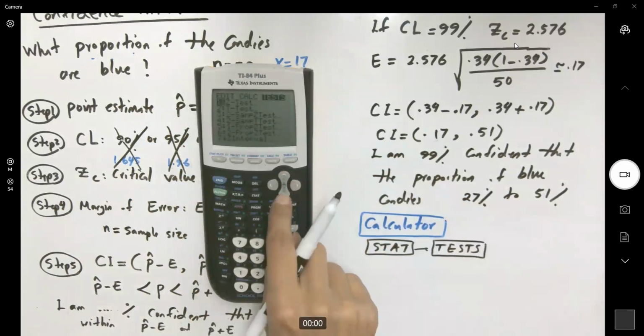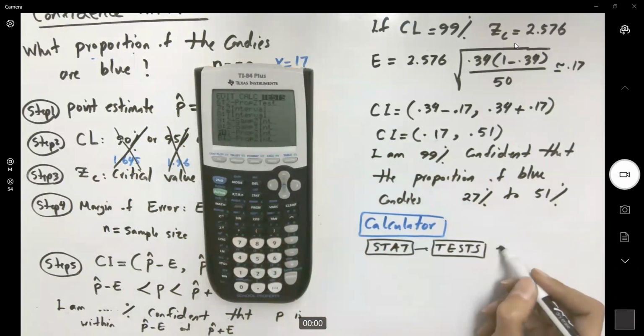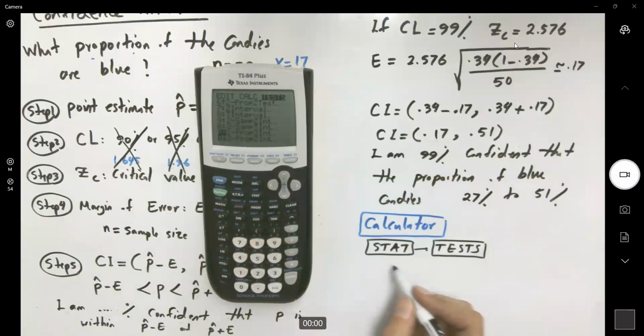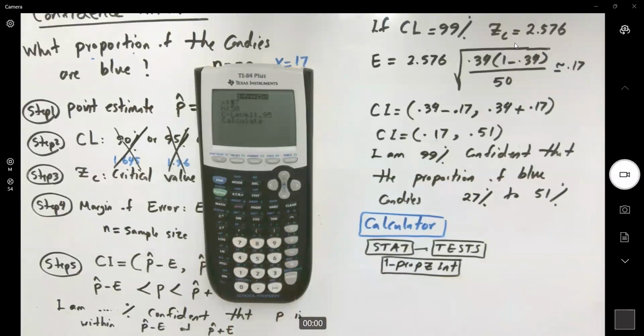Well, now we need to find one proportion Z interval. One proportion Z interval. Very good. Let's click on that.